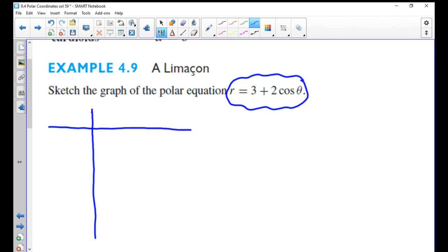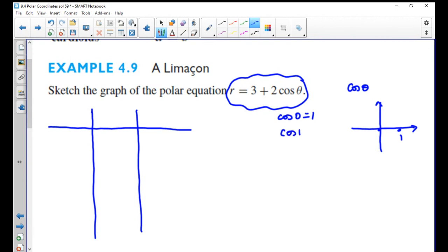Now, to understand what we're going to do, you need to realize that cosine theta at 0 is equal to 1, and then it decreases until cosine pi over 2 becomes 0.